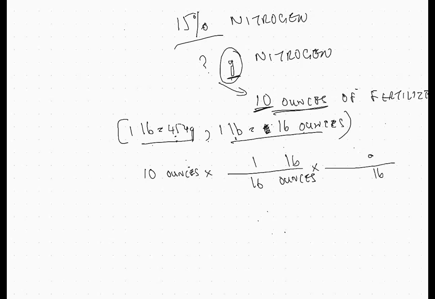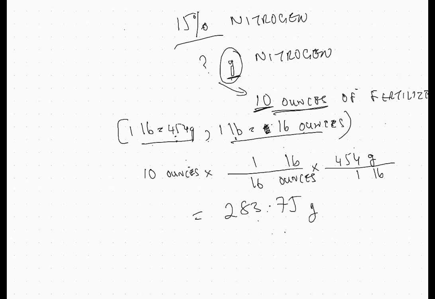Now let me multiply and divide that first. 454 times 10 divided by 16, I get 283.75. So that is the total amount of this fertilizer, 10 ounces, when I convert it to grams.